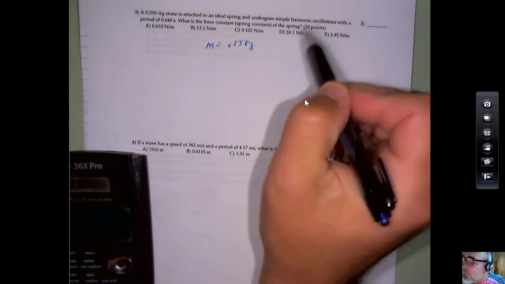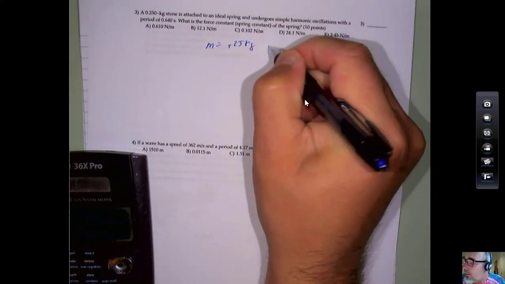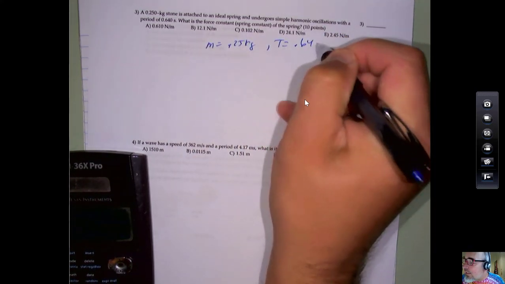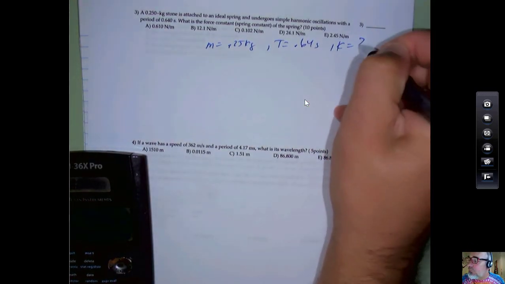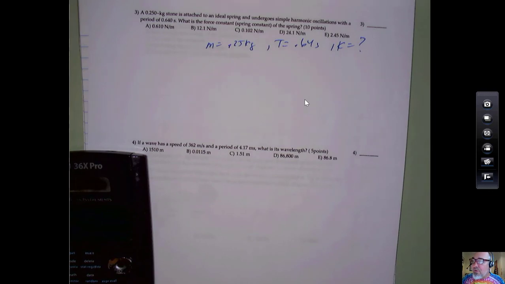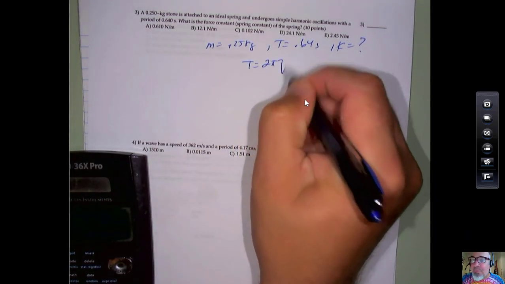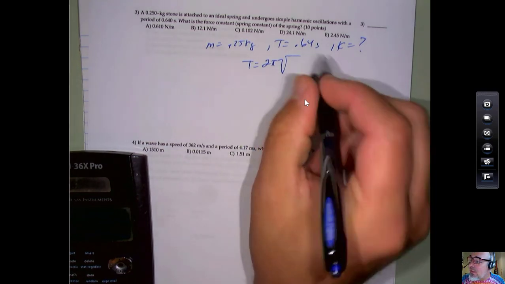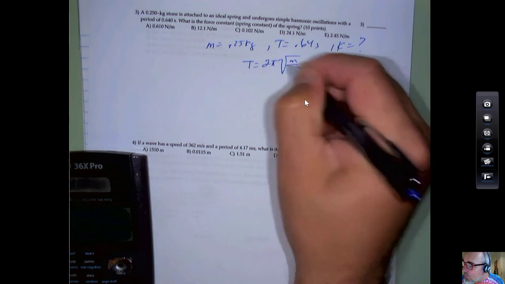Anyway, going back to the problem, simple harmonic motion with a period of 0.64 seconds. What is the force constant? Okay. The beauty of simple harmonic motion is that once you identify it as simple harmonic motion, here's the relationship between period, mass, and spring constant.